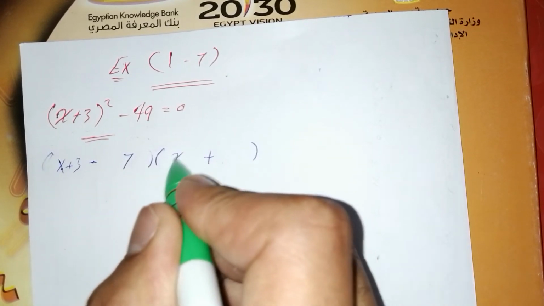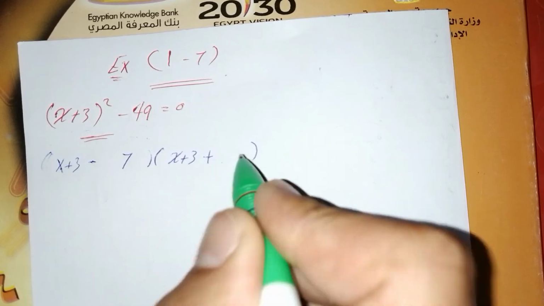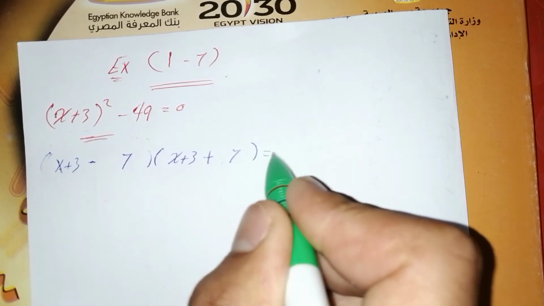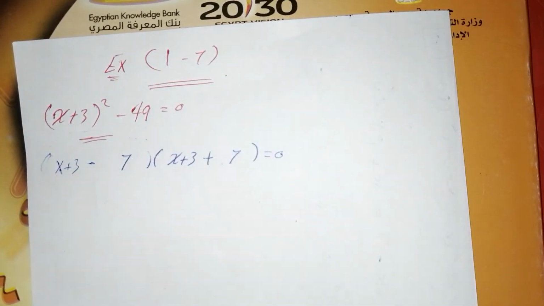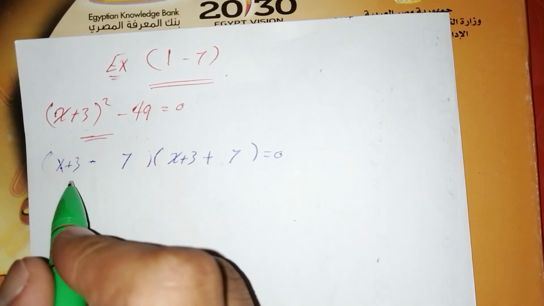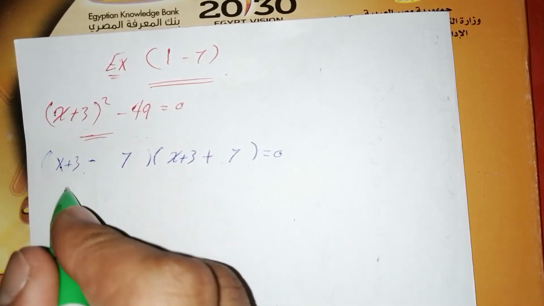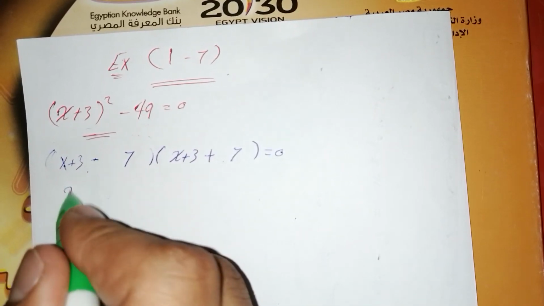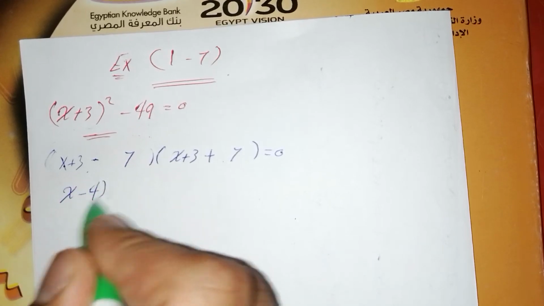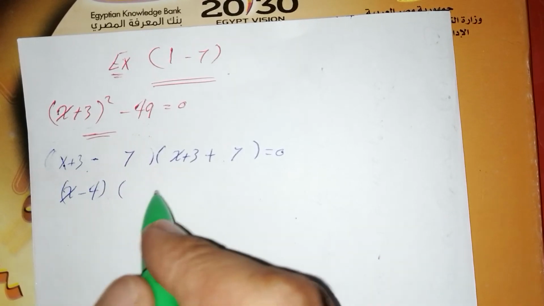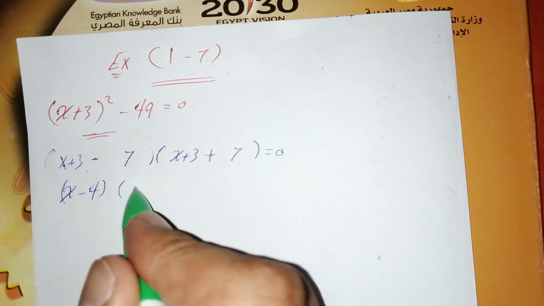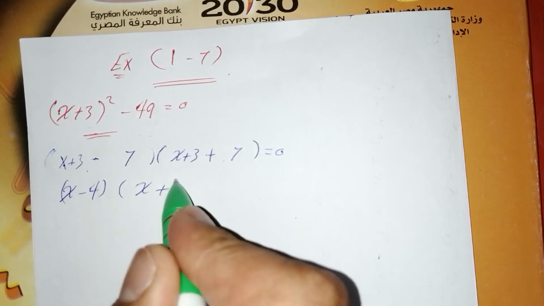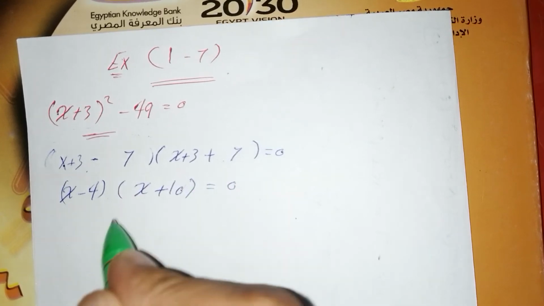So the first term is x plus 3 and the second term is 7 equals 0. And then 3 minus 7 equal negative 4, so x minus 4. And 3 plus 7 equal 10, so x plus 10. And the result is 0.